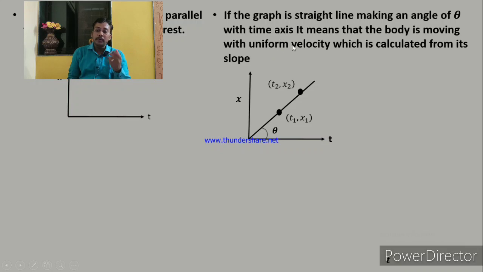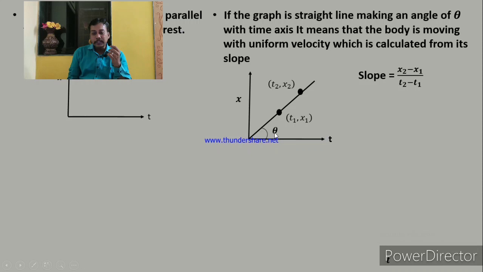How can we calculate the velocity? The velocity is the slope of this graph, and the slope is equal to x2 minus x1 upon t2 minus t1. The coordinates of these two points are x2, t2 and x1, t1. The slope x2 minus x1 upon t2 minus t1 is the velocity.